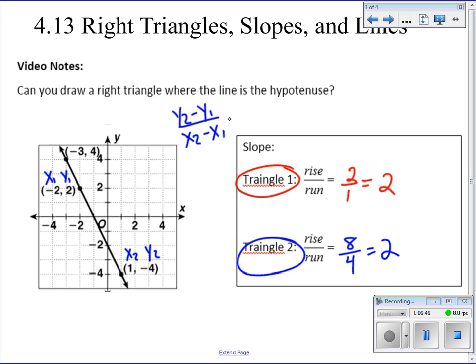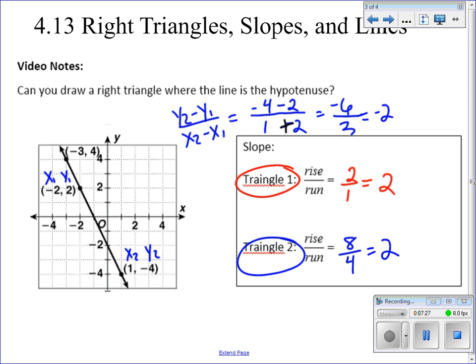And if we do this correctly, we should get a slope of 2. So our y2 is negative 4 minus our y1, which is 2. All of that will be over our x2, which is 1, minus our x1, which is negative 2. Negative 4 minus 2 gives us negative 6 over 1 minus negative 2, well, that's the same as plus, so 3. We should get negative 2.